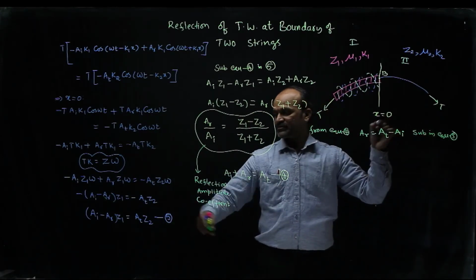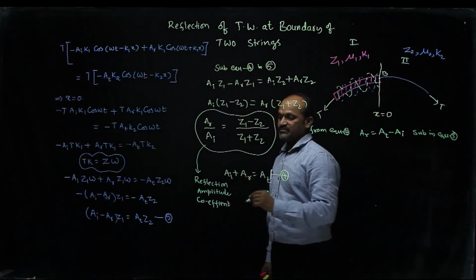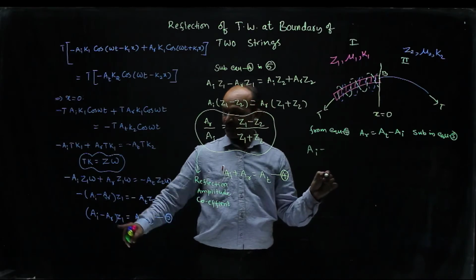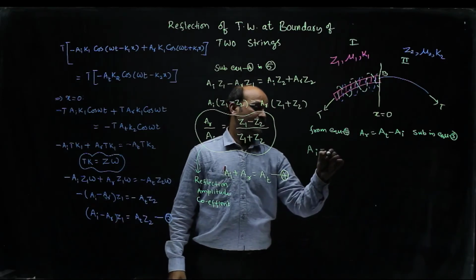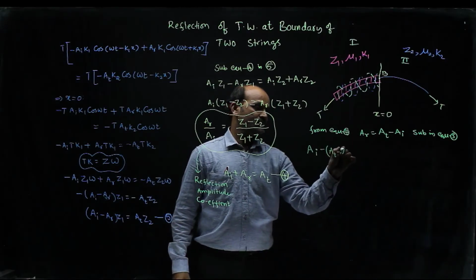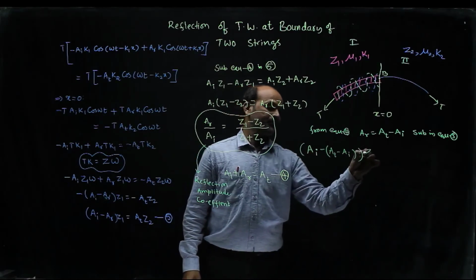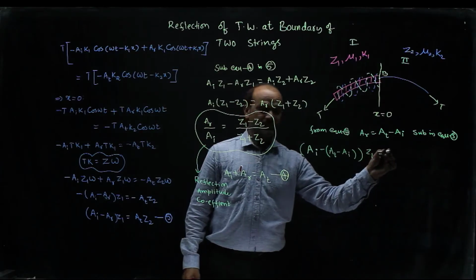So (Ai minus (At minus Ai)) into Z1 is equal to At Z2.